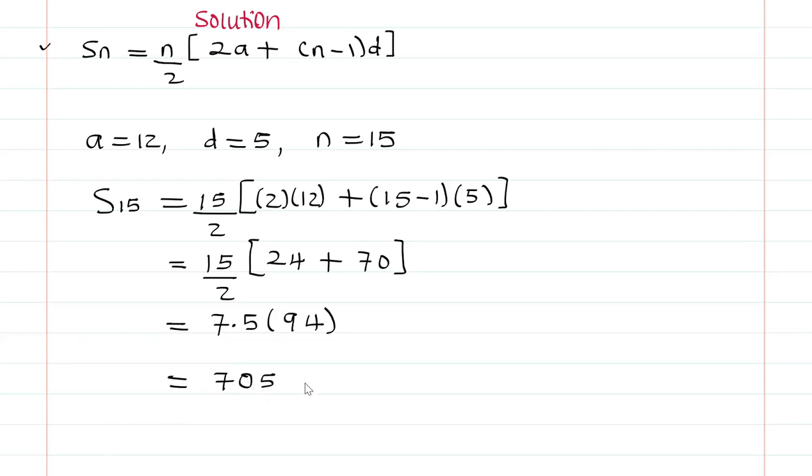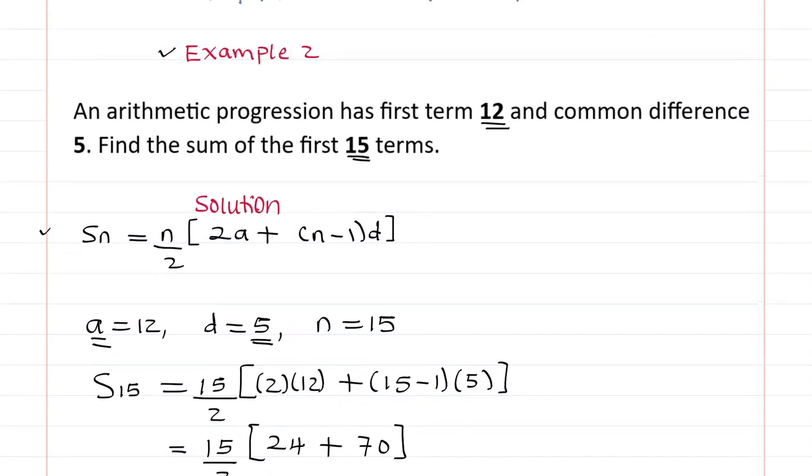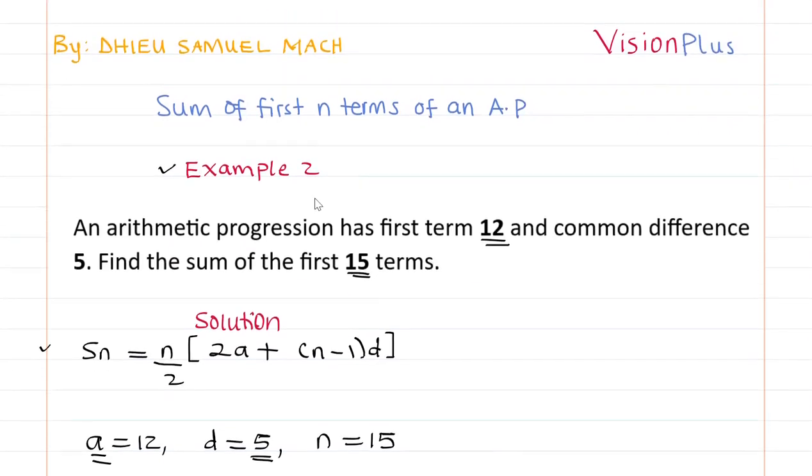So this is the sum of the first 15 terms of the series, defined by the first term 12 and a common difference of 5. Therefore, the sum of the first 15 terms is 705. And that is the answer, which forms the solution to example 2.